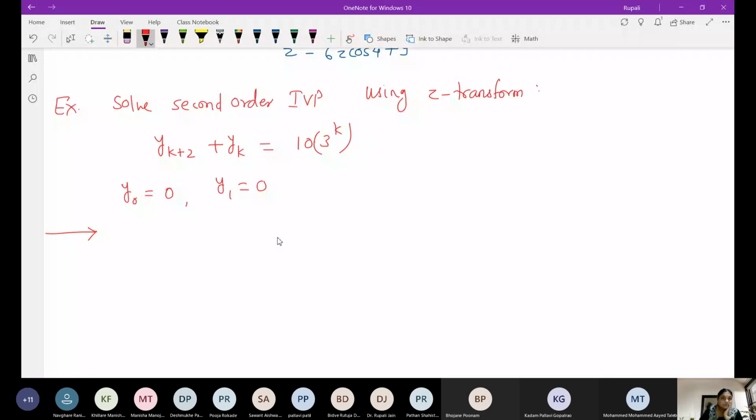Z transform. So taking, here the given difference equation is y(k+2) plus y(k) is equal to 10 times 3 raised to k.